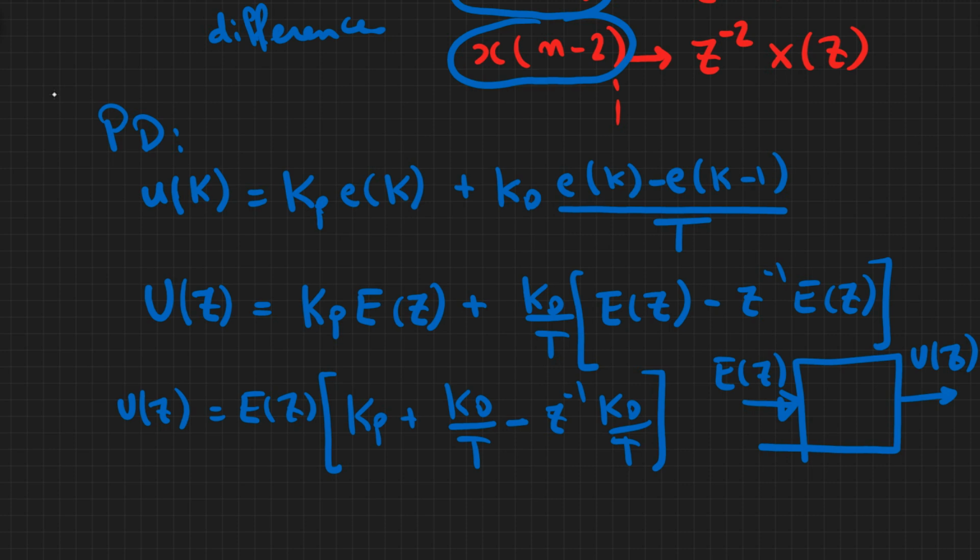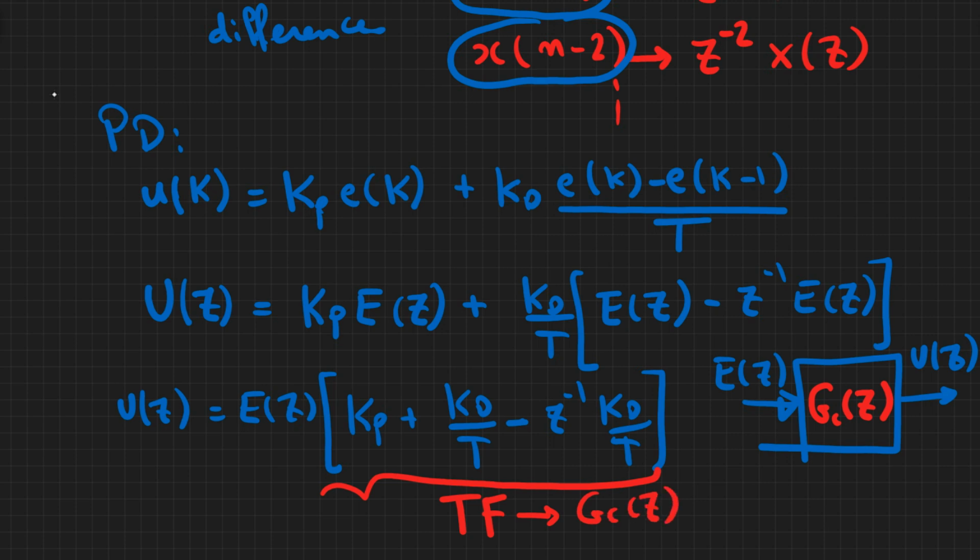And the transfer function, which is u over e, is just going to be equal to this term. So now we have managed to obtain a transfer function of the controller, which we will call gc of z.